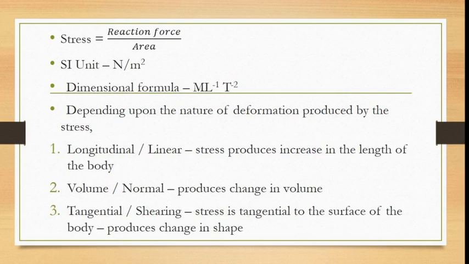So how can you write the equation for stress? It is the reaction force by area. Now its SI unit: force is Newton and area is meter square. So it is Newton per meter square. And you can derive the dimensional formula as M L raised to minus 1 T raised to minus 2. You can do it as homework, how to derive the dimensional formula for stress.